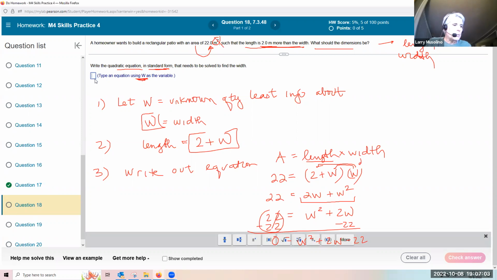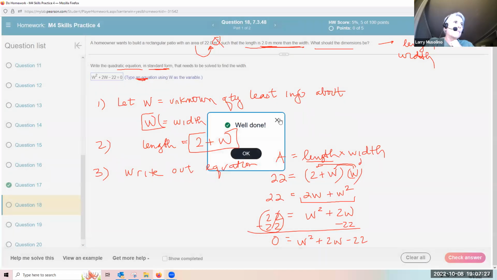So they want w squared plus 2w minus 22 equals 0. Folks, notice I'm being careful here to use capital W in my answer because that's what they told me to use. They told me to use a capital W.